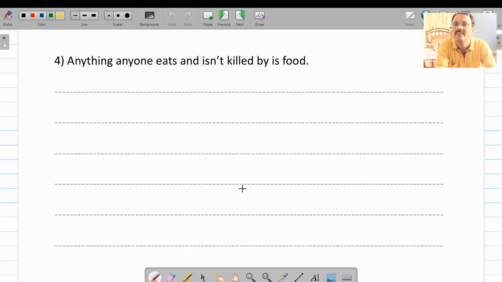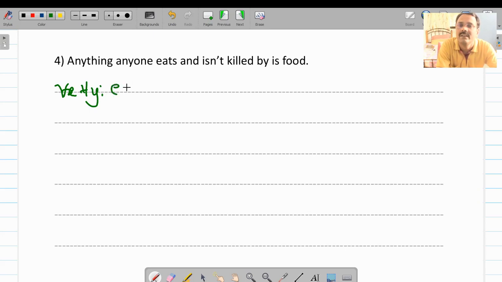Next sentence, anything anyone eats and is not killed by is food. So implication is there. If anybody eats something, and he is alive, then it is a food. So anything anyone, two quantifiers here. First quantifier for all x, second for all y.